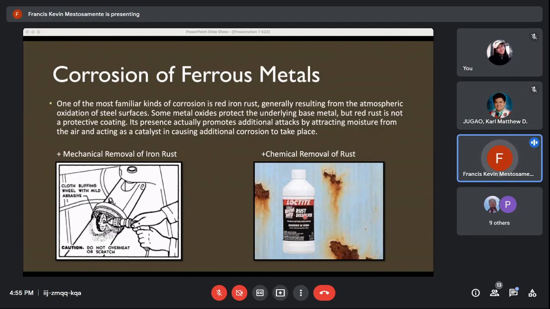Hindi siya corrosion dissolver. From the title itself, it is rust dissolver. So technically speaking, itong Loctite na to is for ferrous metals lang, for rust, not in general for corrosion. So technically, hindi siya applicable on aluminum. So that's a certain example of the use of MSDS.